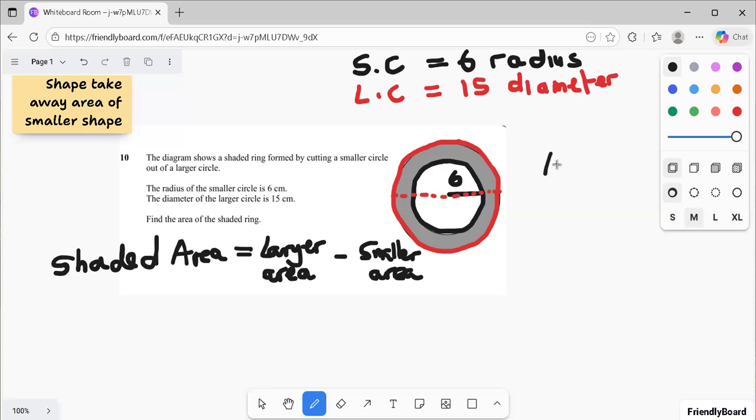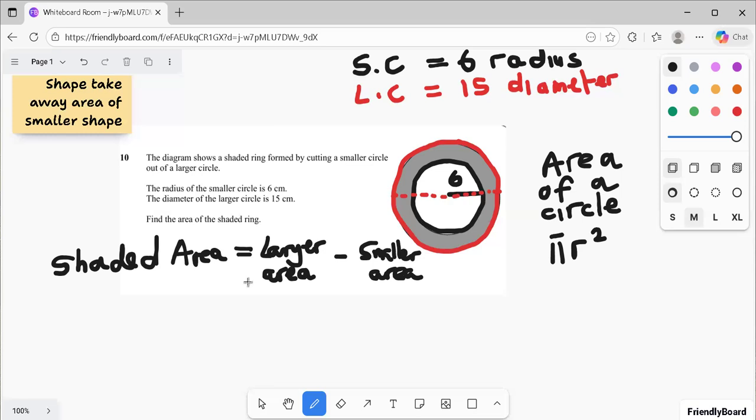I'm going to write it here: the area of a circle, you need to know that formula by heart. The area formula for a circle is pi r squared. So this is what I'm going to be applying here.